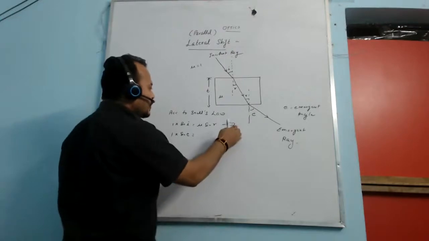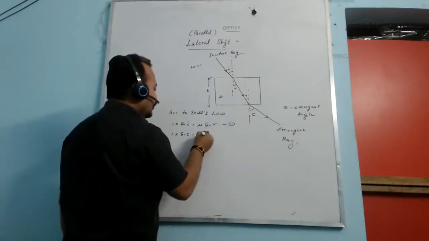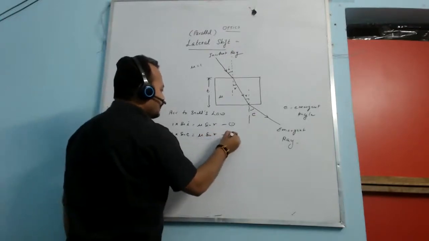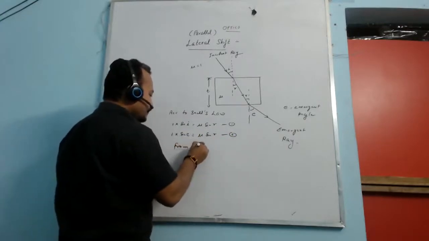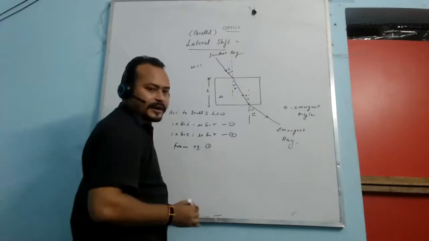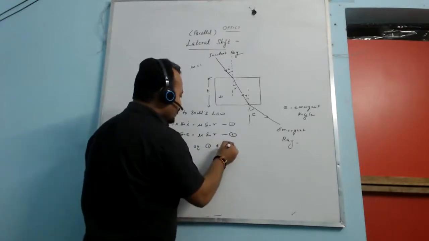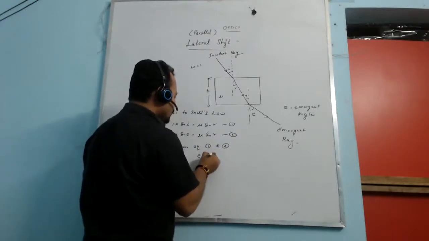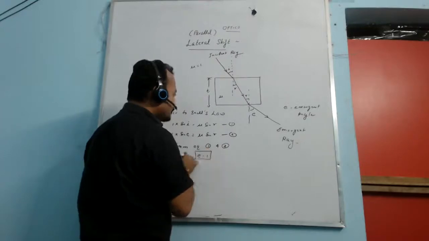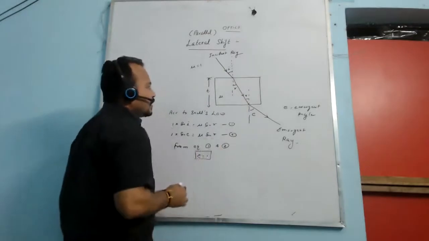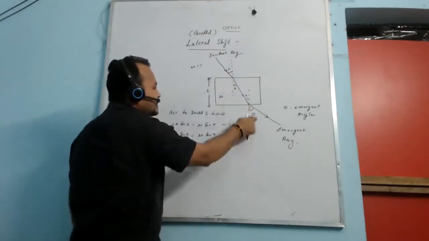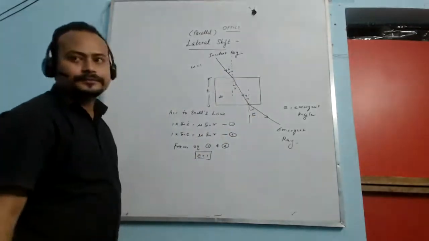From the first and second equations, you see that angle E should be equal to I. So if I and E are both equal, then this ray and this ray should be parallel.